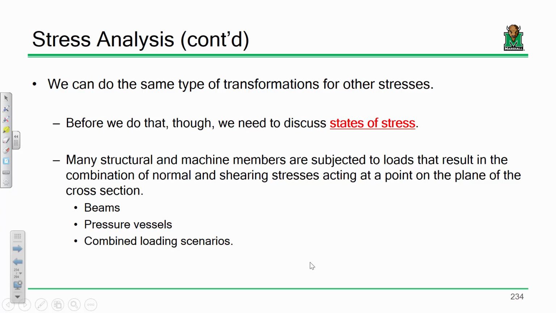We've already seen combined stress states in beams. Any beam has, at any random point, a bending stress and a shear stress. Look at the shear and moment diagram: you can have a shear and a moment at a particular location, and so you have two stresses at that location. That is what we call a state of stress, multiple stresses at one particular point.